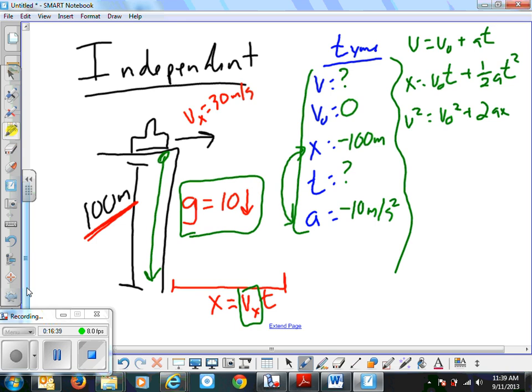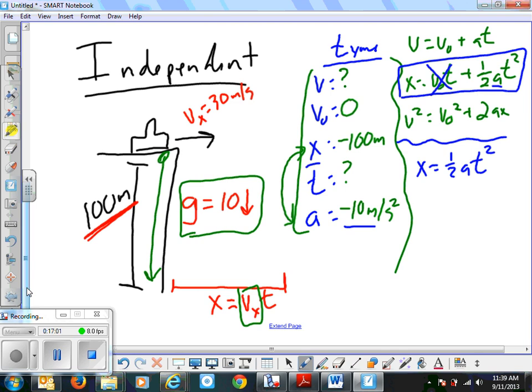So in this case, I like this formula because I have displacement, I have a V sub naught of 0, which cancels that out, I have acceleration, and I'm looking for time. So x equals 1/2 at squared, because my V sub naught canceled out.